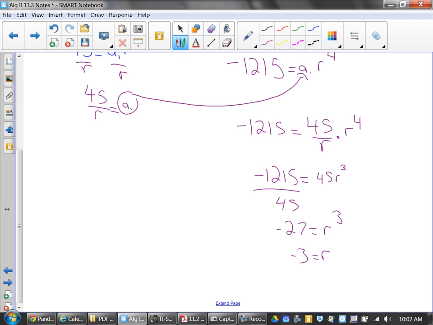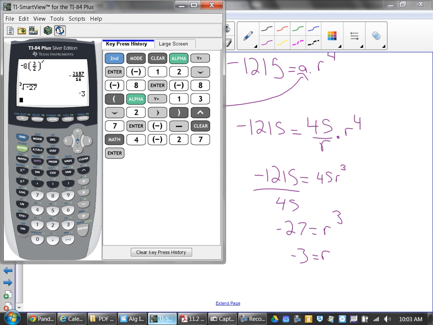So now we have to write a rule. You hit that, and then click on option number 4. What are 3 numbers that are exact same number that multiply together to get negative 27?